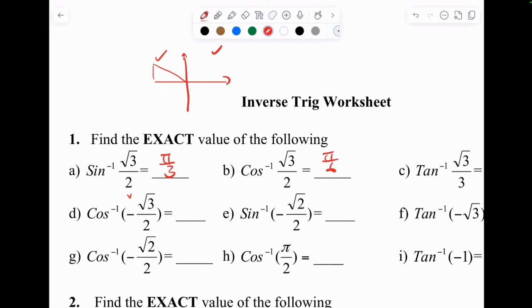No, it's like pi over... wait, hold on. 2 pi over 3. Yup. 5 pi over 6 is good.